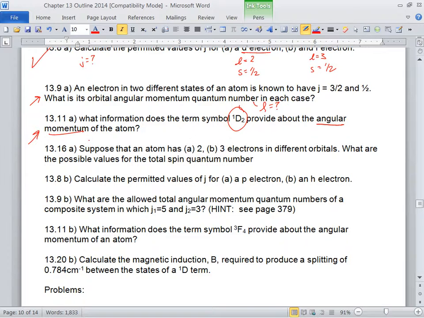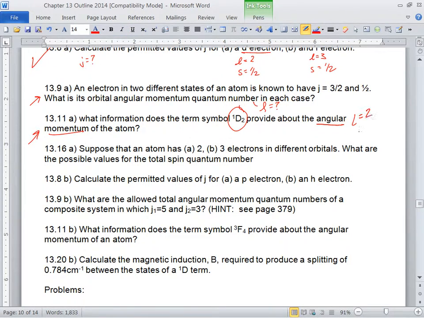Okay, so we're going to see how to do 11. What would be the answer? You could say that L is 2, right?